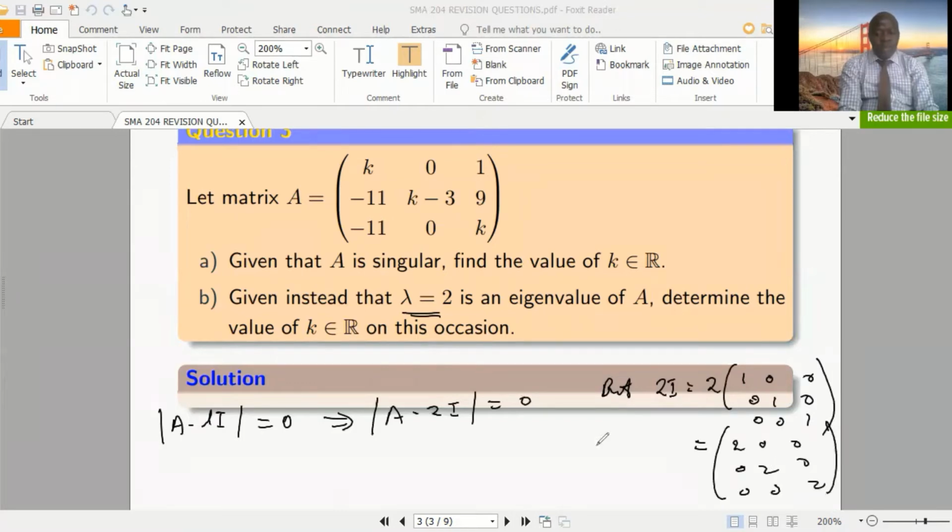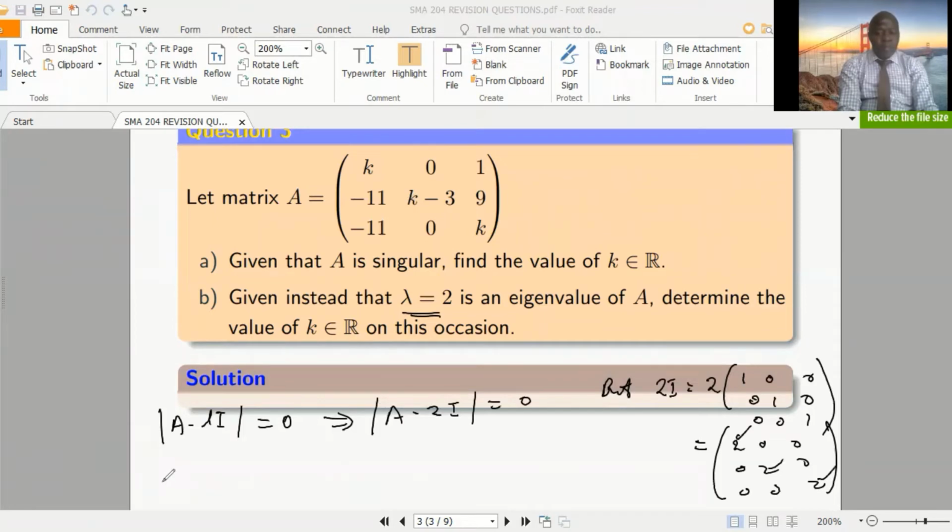Subtracting this 2I from matrix A is the same as subtracting 2 from the diagonal. This 2 will be subtracted from this K, this 2 from this, and this 2 from this. So it's equivalent to subtracting 2 from the leading diagonal.